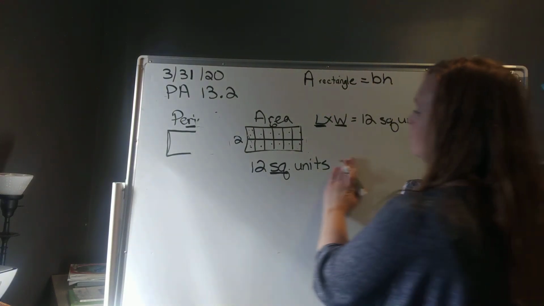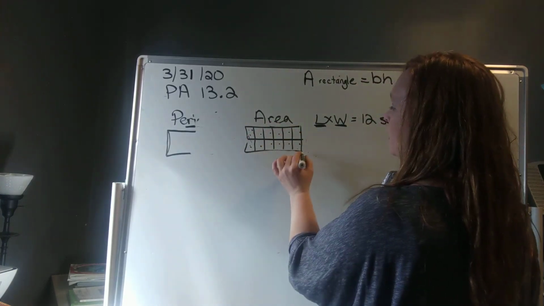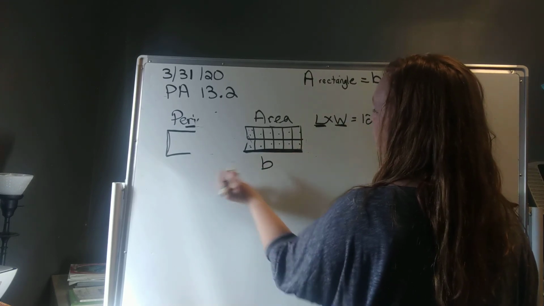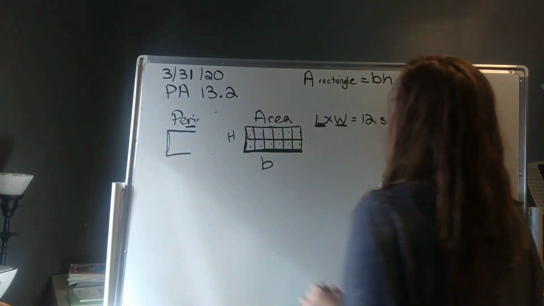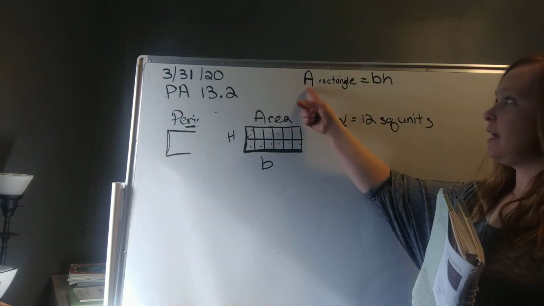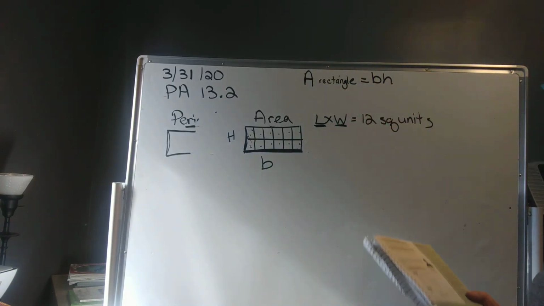Let's look back here at our problem. What is the base? The base is the bottom that it sits on. So this is the base, and this is the height. So in pre-algebra we'll be saying the area of a rectangle is the base times the height. You might go ahead and write that one down.